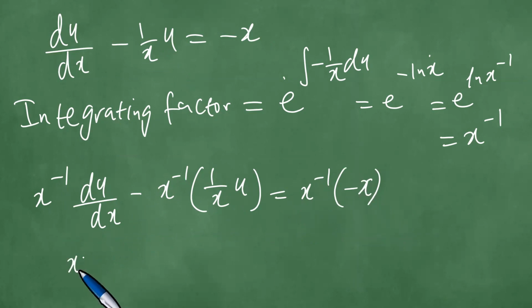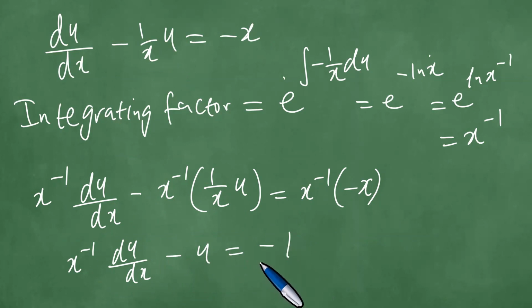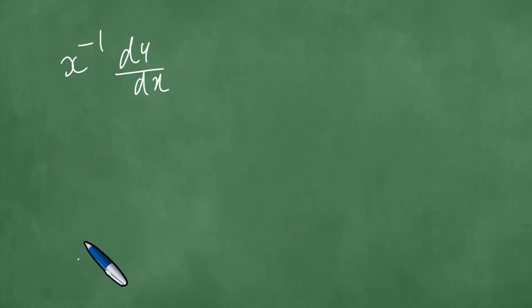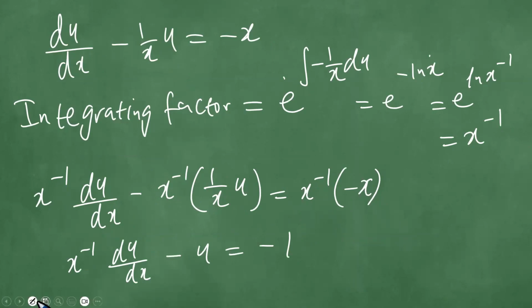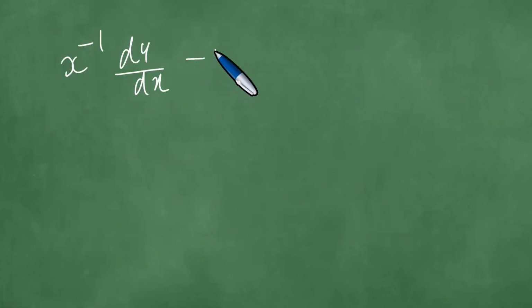At this point, we have x to the minus 1 du/dx minus u, which equals minus 1, okay? And this is what we have achieved so far.